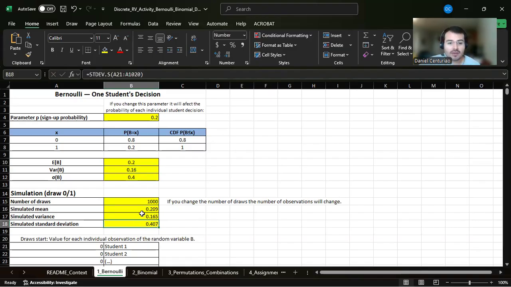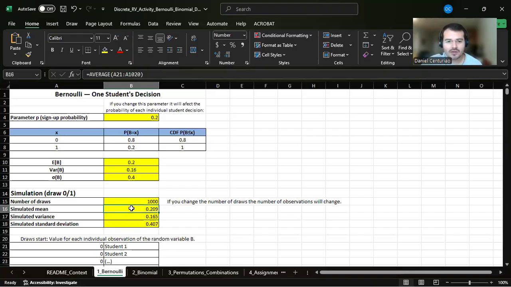And note that this case right here is based on a simulation of students signing up or not. It's kind of if we had all the results of our emails back and if we tabulate them, then we have a by student answer.